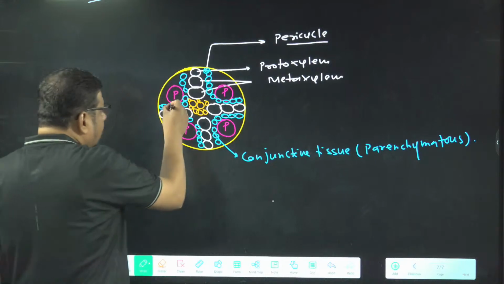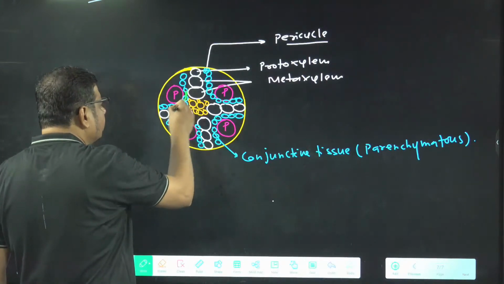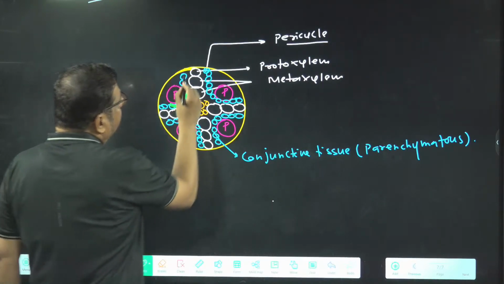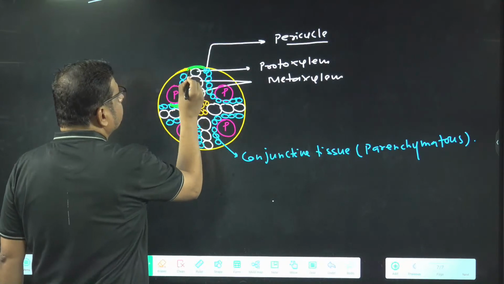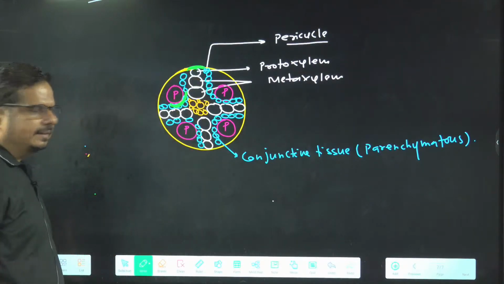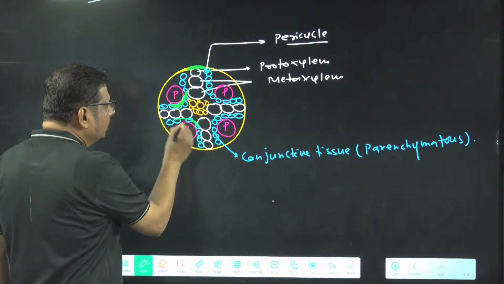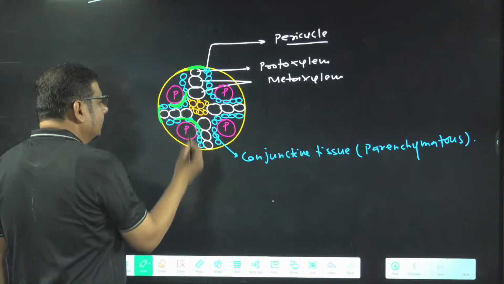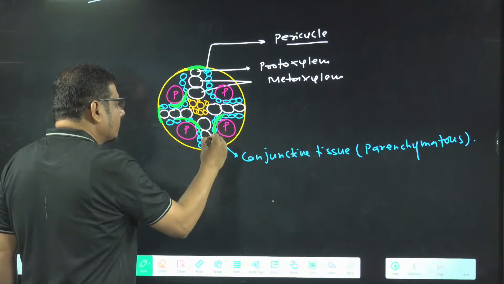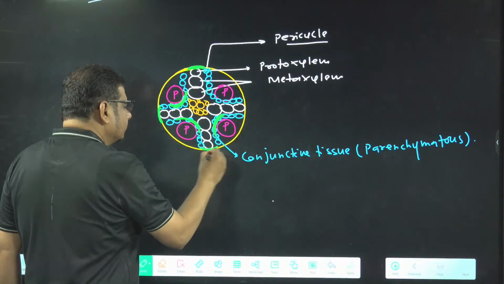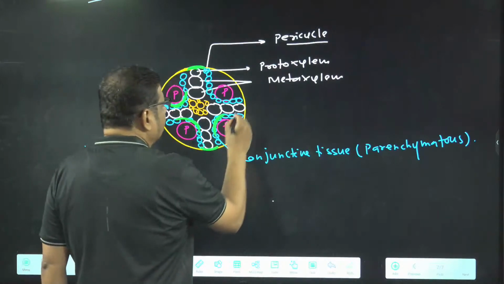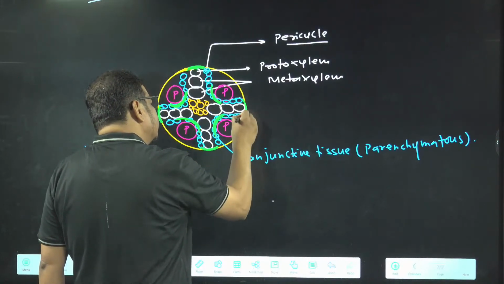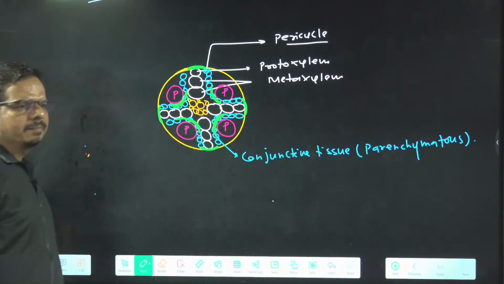The cells of the conjunctive tissue below the phloem and the pericycle above the protoxylem become meristematic.